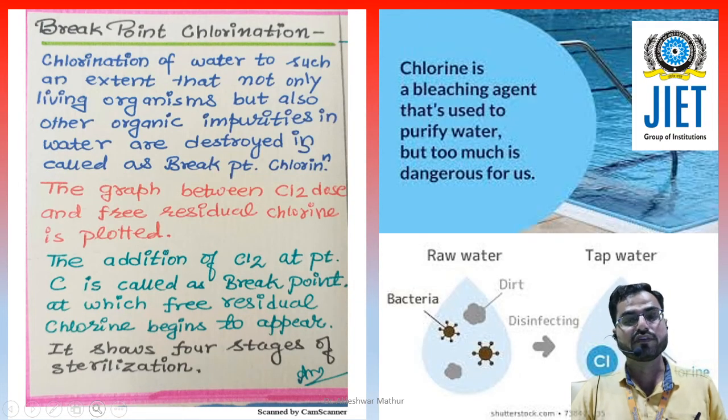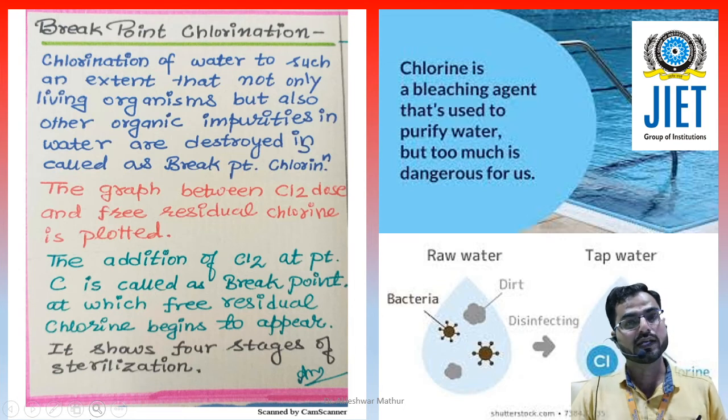Now, the definition of breakpoint chlorination. Chlorination of water to such an extent that not only living organisms but also other organic impurities in water are destroyed is called breakpoint chlorination. So what is breakpoint chlorination?